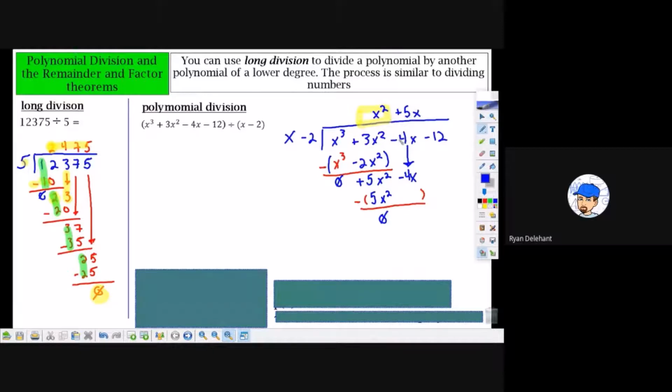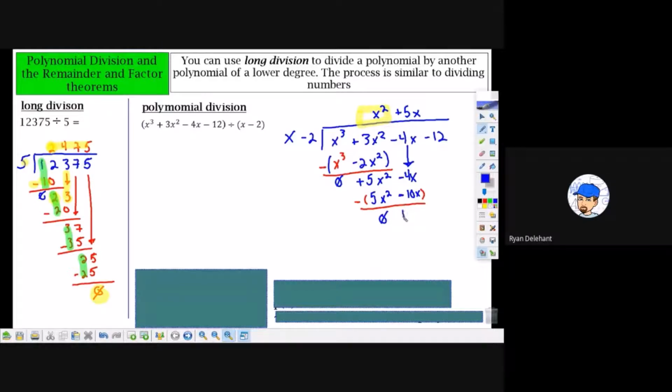Now we do the second multiplication to fill in here. 5x squared minus 5x times negative 2. And now negative 4 minus negative 10. Anybody agree? Is it positive or is it negative?